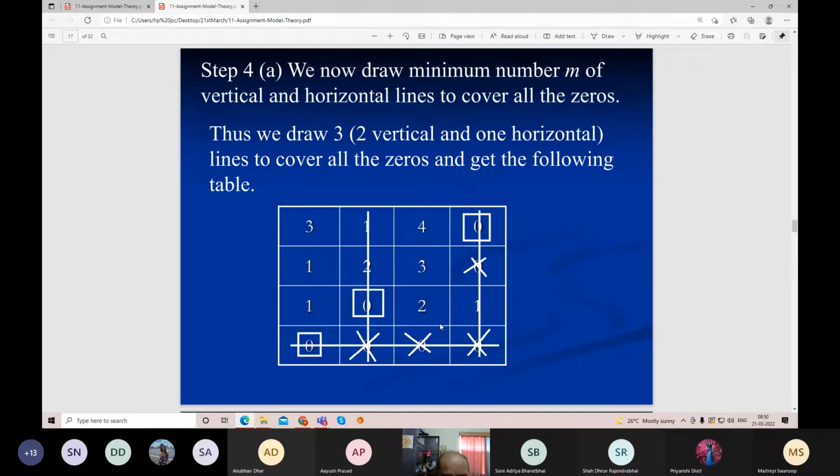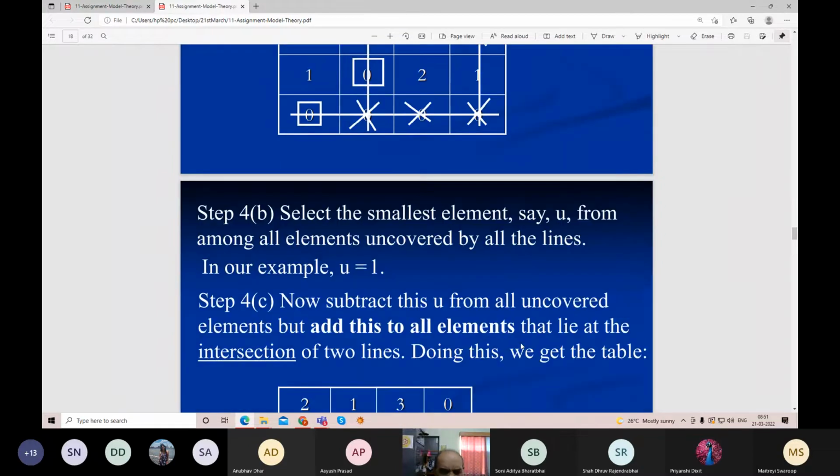And whatever you have subtracted, that amount is added at the crossing of the horizontal and vertical lines you have drawn, that is, fourth row, second column, and fourth row, third column. Okay, and you get a new matrix in this manner.